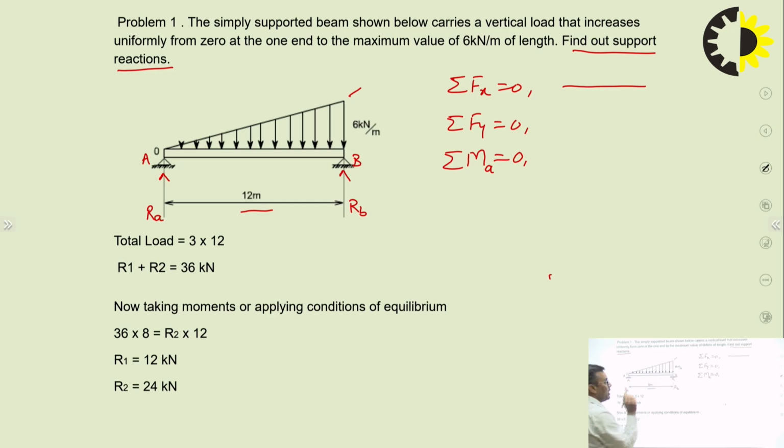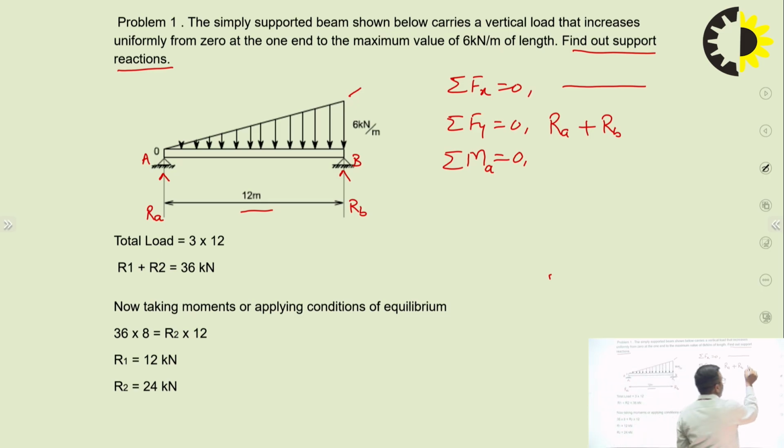Now, sigma Fy equal to 0. What are the forces in the y direction? So, Ra, I will be taking it as positive, because it is upward, in the plus y direction. Second, I am observing Rb. What is the third force? This is the UVL. How to write this?